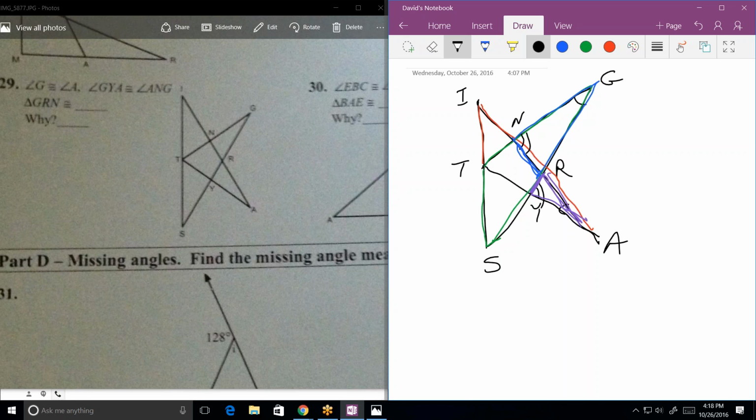The same side for ISR, and it's the same side for ISR and the other triangle that thing makes up. I can't see it. Maybe that's not true.